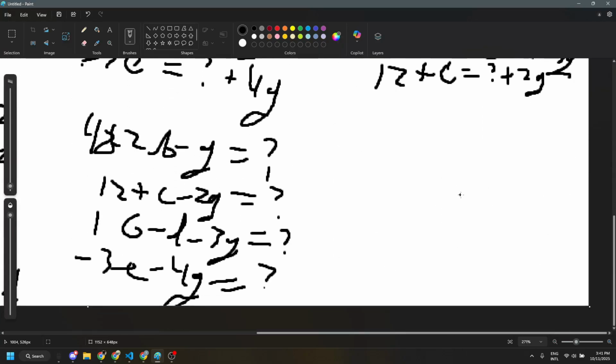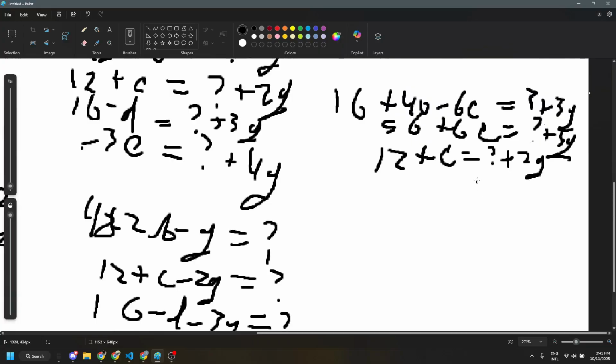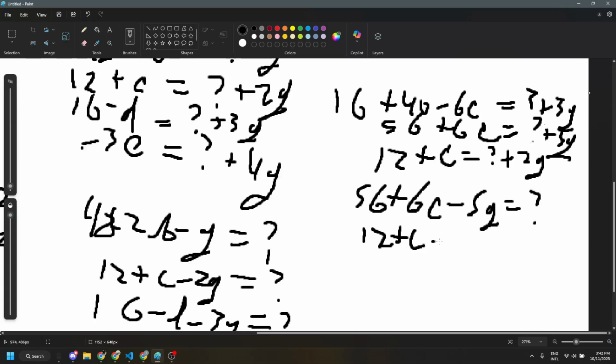Okay, now let's put them both in terms of question marks. So 56 plus 6c minus 3g is equal to question mark. 12 plus c minus 2g, thank god I got that, that would have been horrible, is equal to question mark.